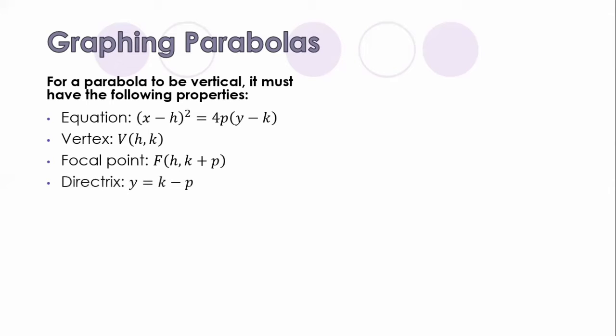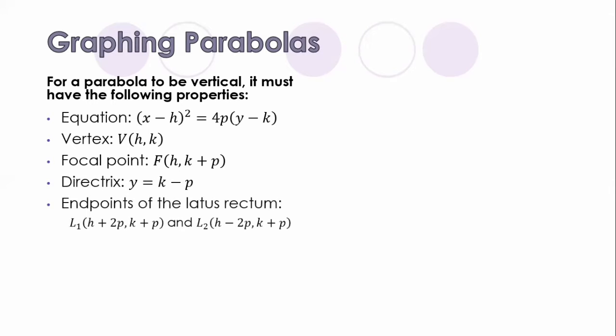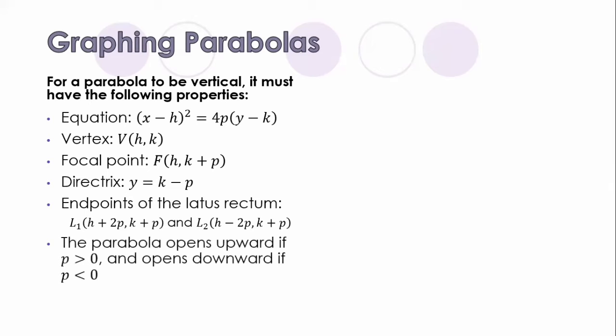And directrix, y = k - p. Endpoints of the latus rectum, L1 is (h + 2p, k + p), and L2 is (h - 2p, k + p). The parabola opens upward if p is greater than 0 and opens downward if p is less than 0.